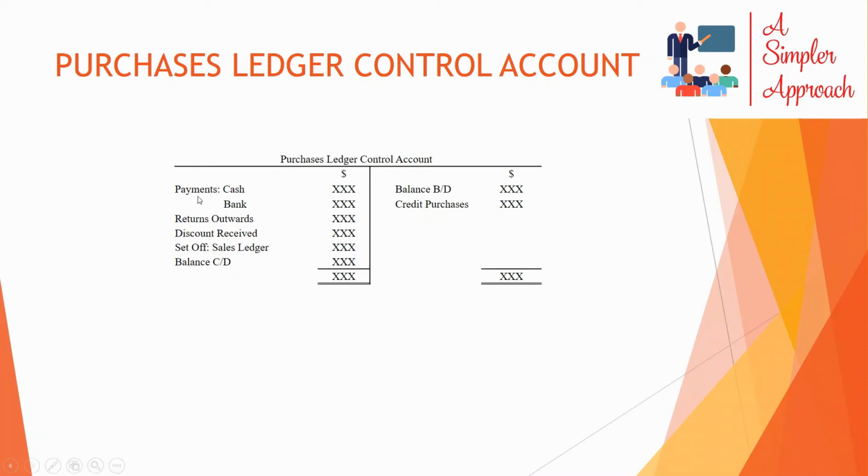Let us look at this section as an example, and we're going to focus on cash. The same concept would apply for bank, so let's just focus on cash. The creditor's perspective. Now, naturally, we would have bought something on credit from our creditors, which means that we would have owed them for what we bought on credit.